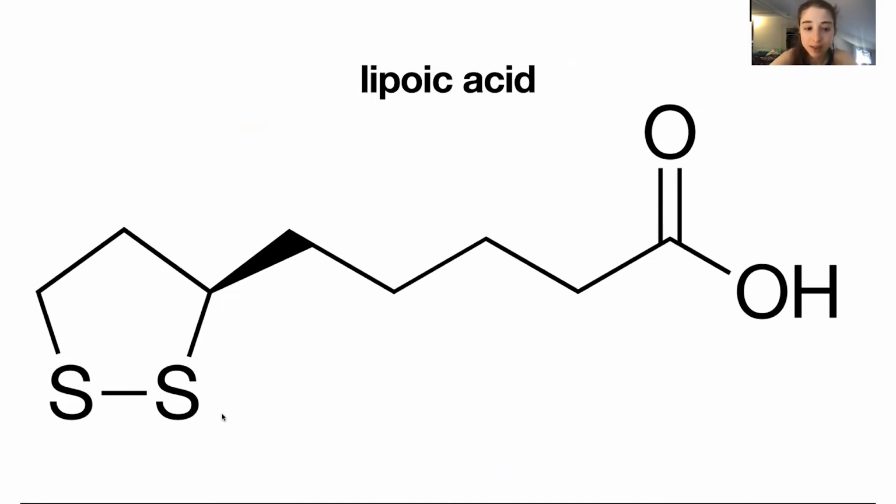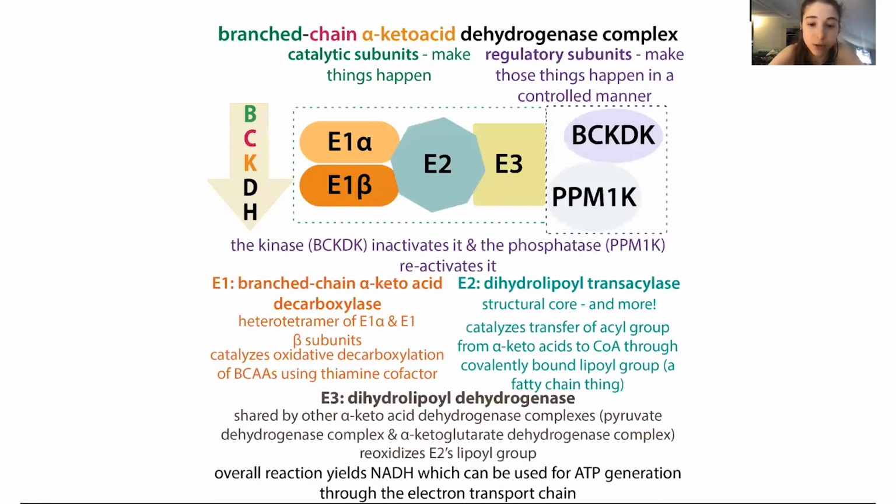Remember how we saw that link through the sulfur to CoA? Well, you can also have a link to this sulfur. So our alpha keto acid, once we get rid of the acid part, we have this acyl group, we can add it to this, and then this can pass it off to coenzyme A. So you have this kind of relay where you're passing off that acyl group.